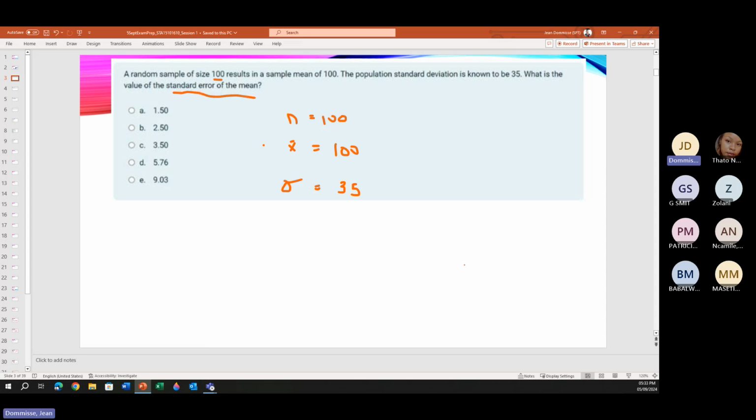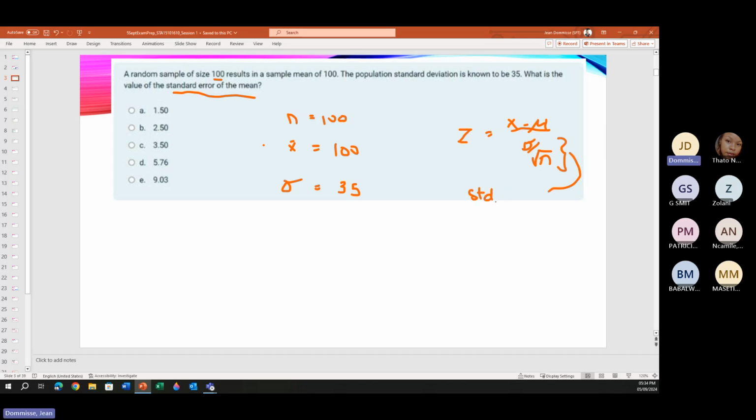Okay, so remember, if we look at this Z formula, when we work out the Z value, the component below the line, the standard deviation divided by the square root of n, that is your standard error.